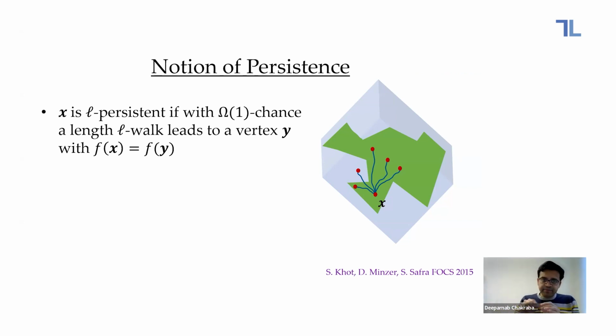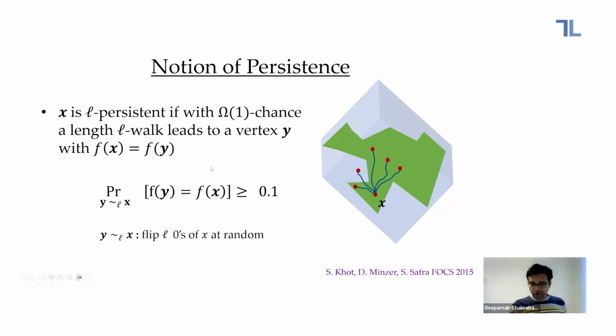L is a parameter. If the following happens: I look at all the walks up the hypercube of length L, so I'm looking at L zeros of X, flipping them at random, and I look at all possible such points. This vertex X is L persistent if a constant fraction of them do not change the function value.